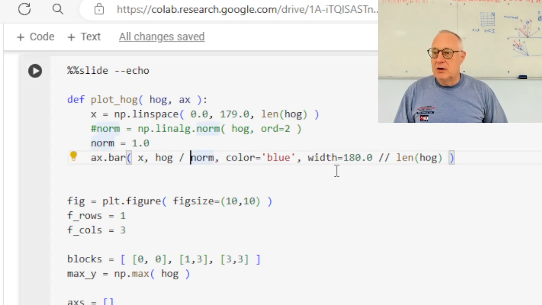So now I want to plot it. We want to try and come up with a nice visualization.